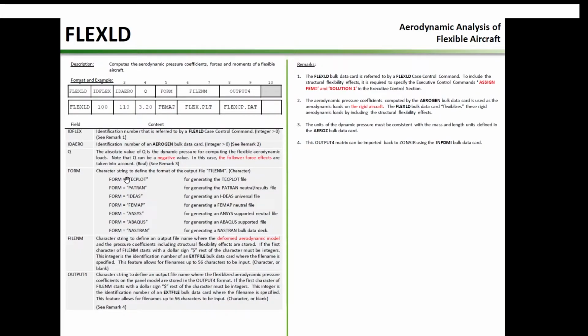And for the form, you can choose one of them to output the deformed aerodynamic model and the pressure coefficient, according to what kind of graphic software you have. Also, you can use OUTPUT4 to output the flexibilized aerodynamic pressure coefficients on the panel model, and it's in the OUTPUT4 format.